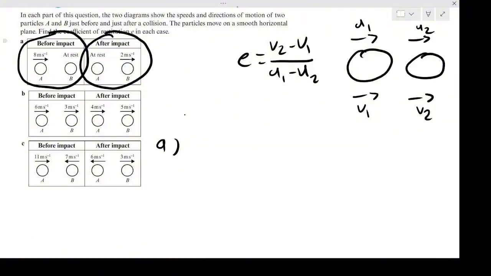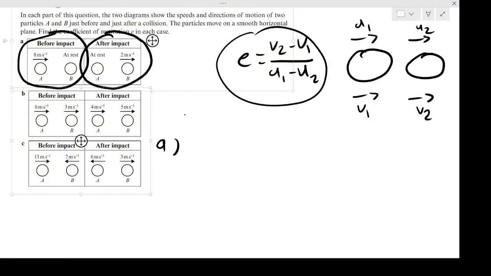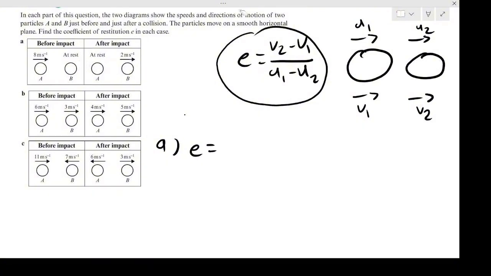So hopefully, if you compare the formula we've got here then for part A, you can deduce that E, well, V2 is going to be this 2 here, that's the speed of B afterwards. Take away V1, hopefully you can spot that V1 has to be 0, because it's at rest, okay, so it's 0.